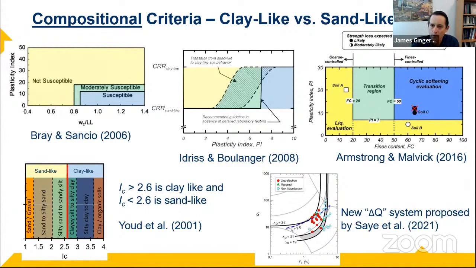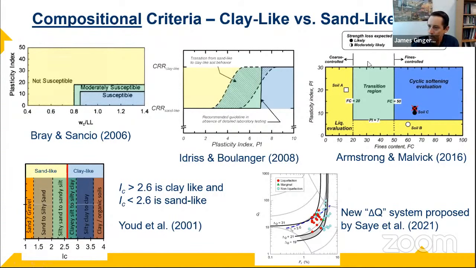First of all, we like to think of soils in liquefaction evaluations as either sand-like or clay-like. And there have been several criteria proposed, some by Bray and Sancio with a cutoff at around a plasticity index of 12. Idriss and Boulanger suggested a cutoff of a PI of around 7, with transitional behavior between around 3 or 4 and 7.